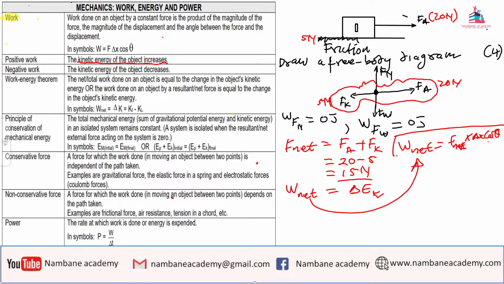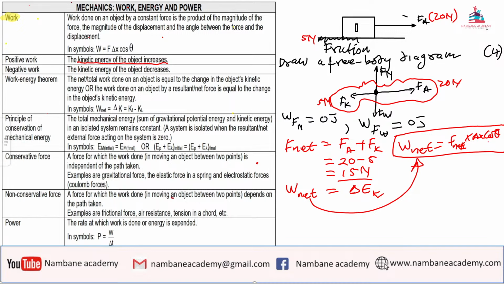But this says I need to know the magnitude of F net. So work net is actually all the work done by each individual force acting on the object.